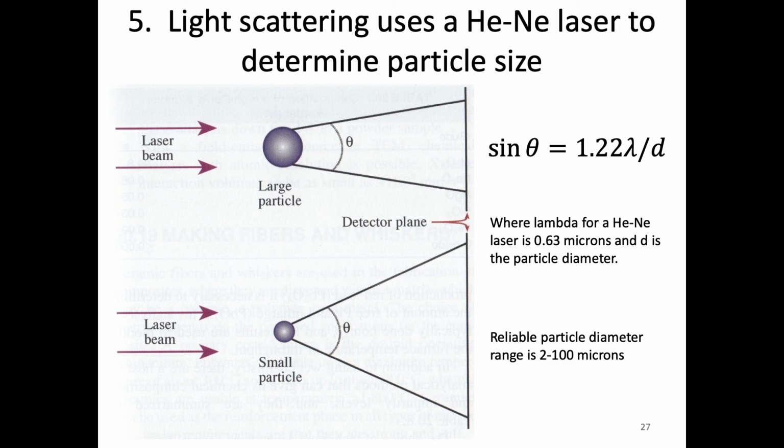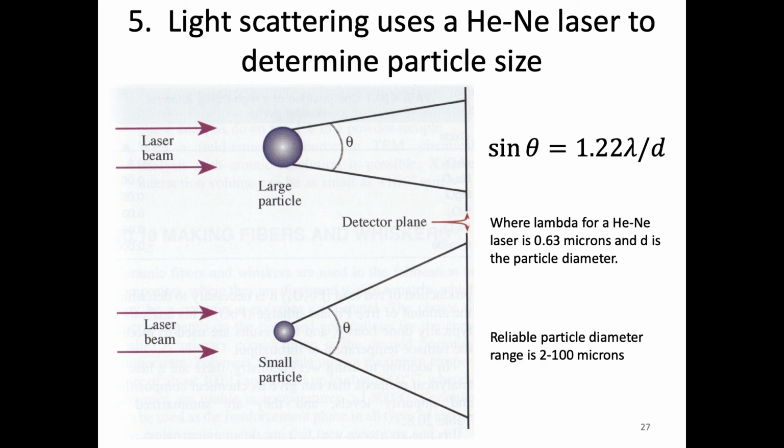It has a higher angle theta, which again can be equated to the diameter. This all goes back to the interaction of small particles with various wavelengths. When the particle size approaches the wavelength of the light, the scattering is more and more, and we use that light scattering principle to determine the particle size.